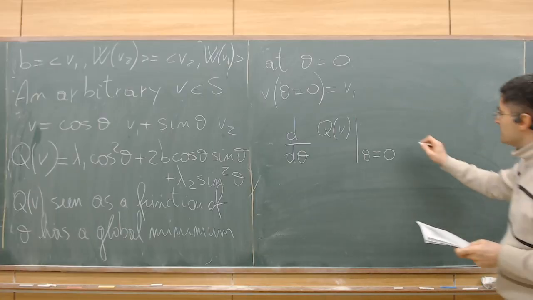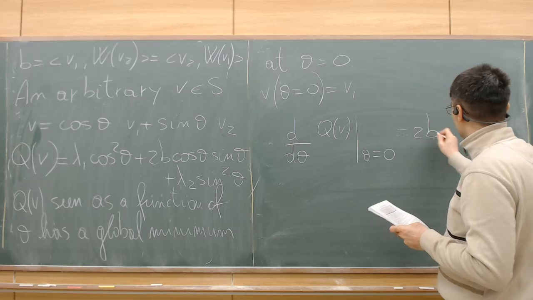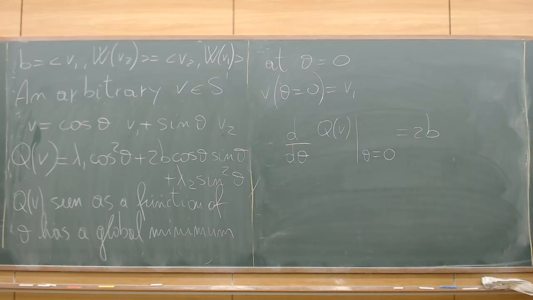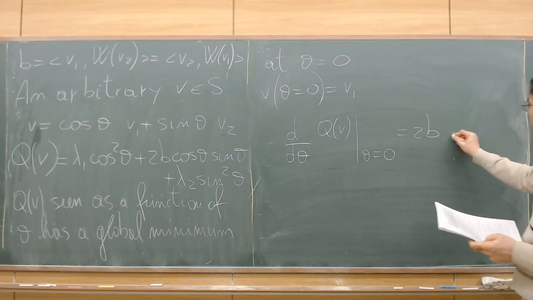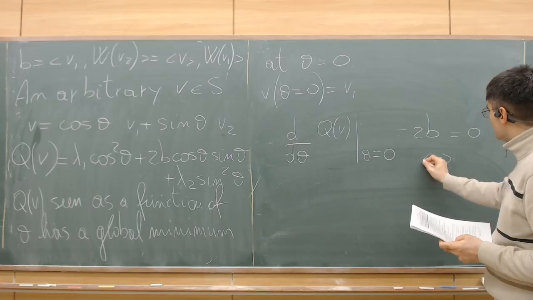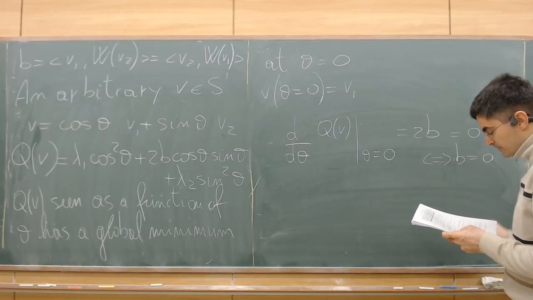You get that this is 2B. And this one must be 0. And this says that B must be 0.